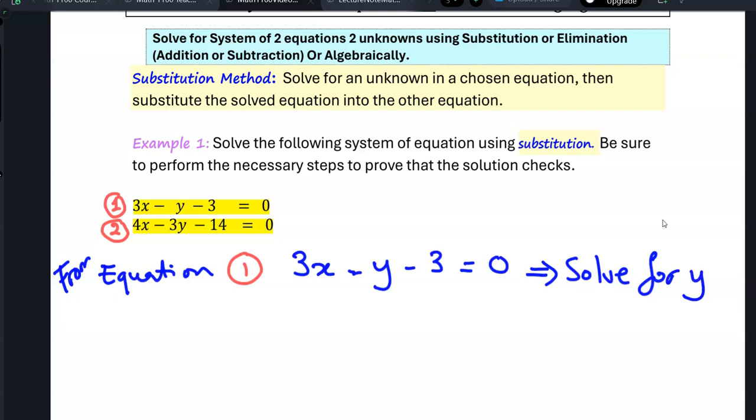After I solve for y, I will be able to take that whole expression and substitute it into my equation number 2. So solving for y, this is what I have to do.